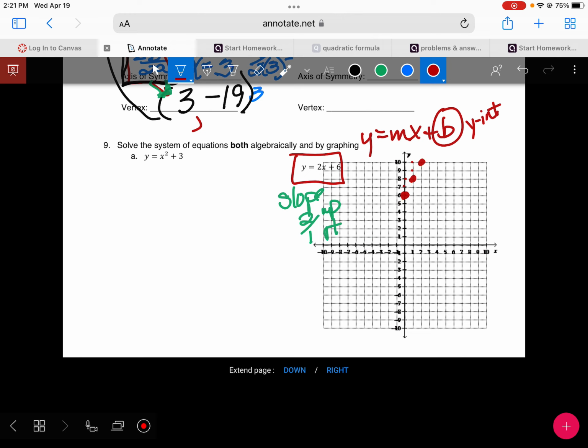Let's try it again. Still not great. All right, y equals x squared plus 3. What can we tell from this? It's a parabola, right? What's my c value?